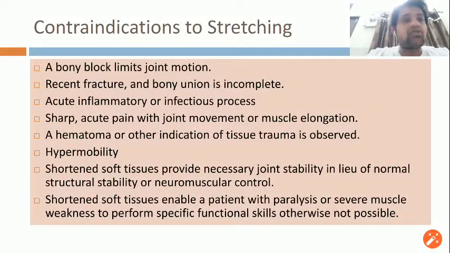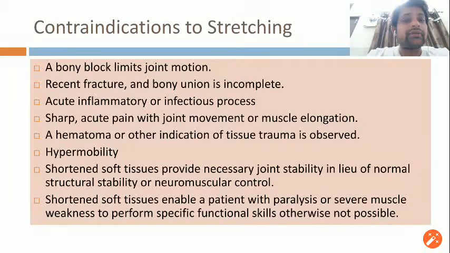Next, contraindications. So where we cannot apply the stretching maneuver: wherever the joint motion is limited by a bony block, recent fractures, then malunion, in case of an acute inflammatory or infectious process, sharp acute pain with joint movement or muscle elongation, a hematoma, hypermobility, or where shorter soft tissues provide necessary joint stability in lieu of normal structural stability or neuromuscular control.